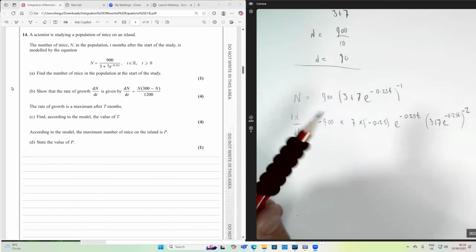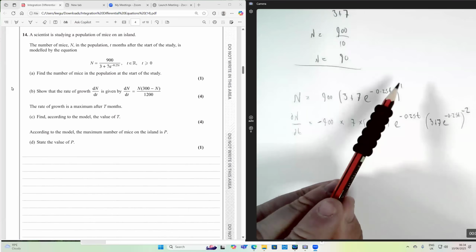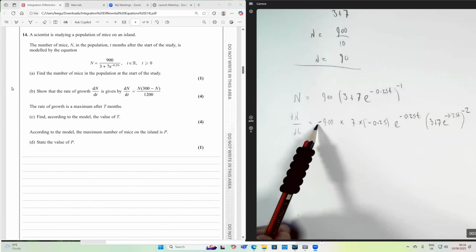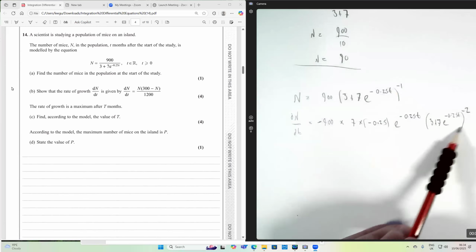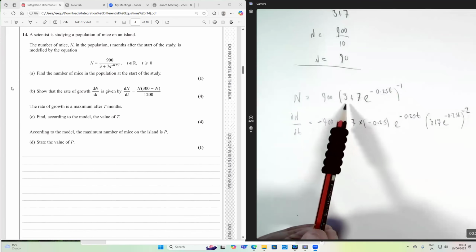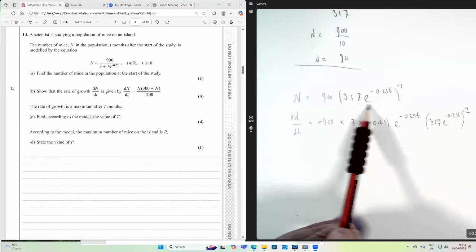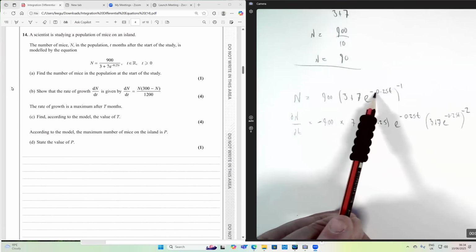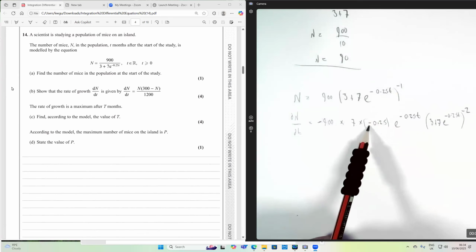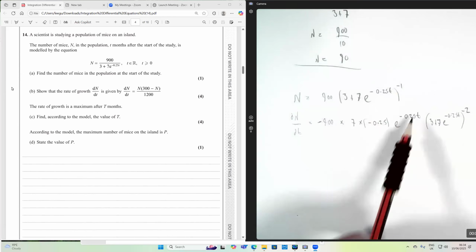So using the chain rule, we've times by the power that's there, the minus 1. We've lowered the power by 1. So we've now got the something to the minus 2. Then we've times by the derivative of the inner function. The 3 has disappeared, and 7 e to the minus 0.25t goes to 7 times minus 0.25 e to the minus 0.25t.